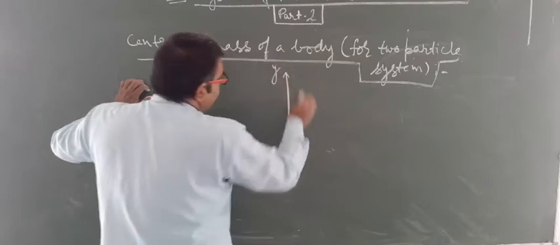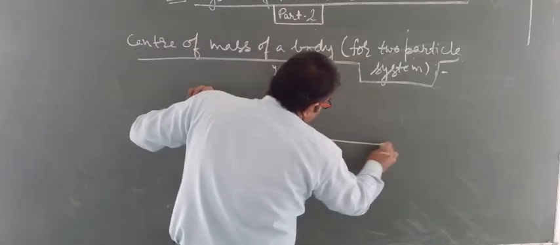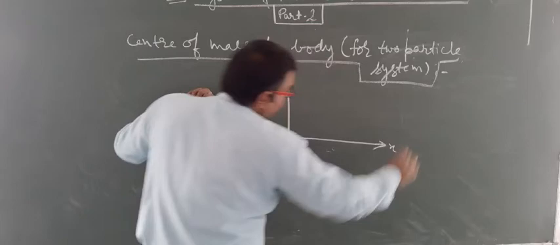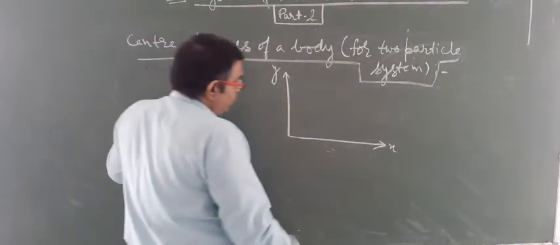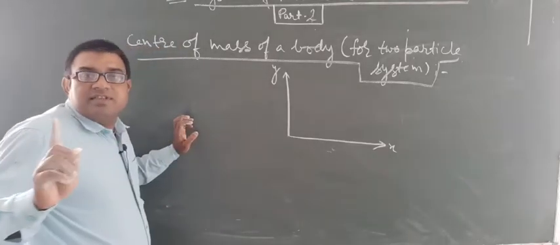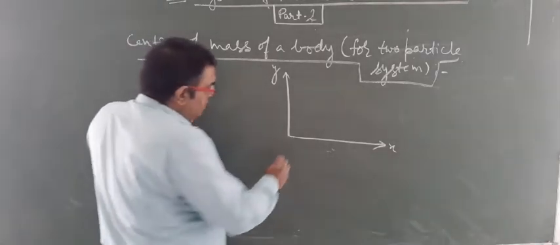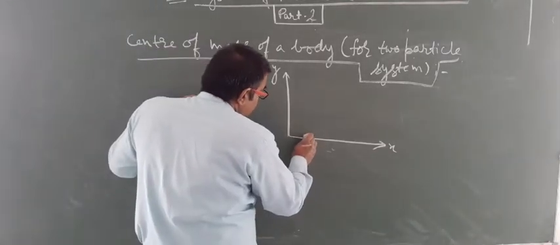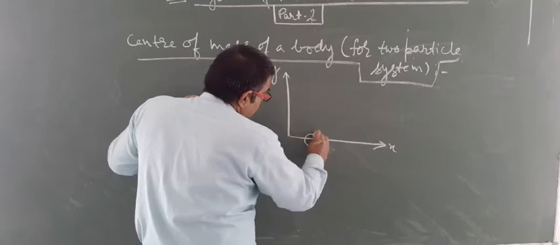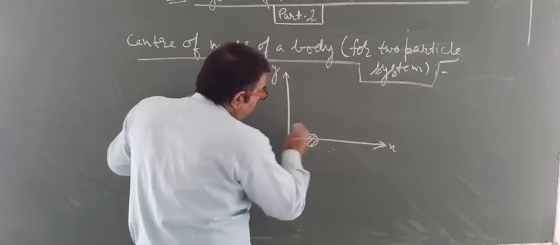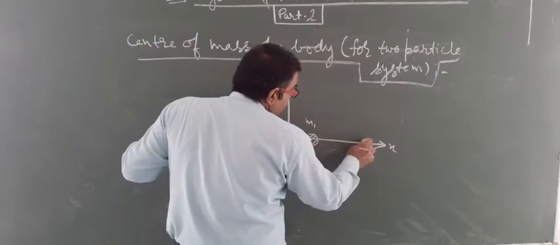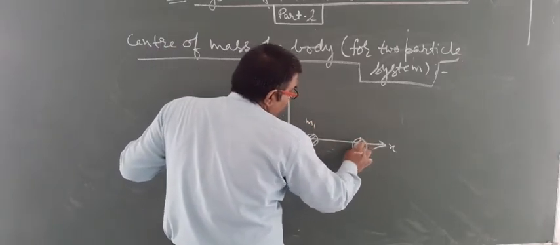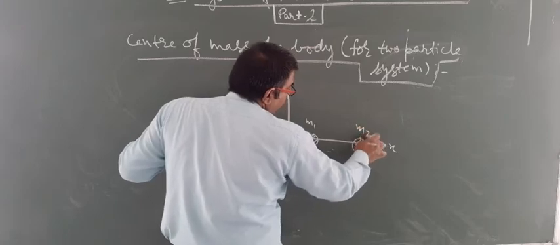Suppose this is the y axis and this is the x axis. If a system has only two particles, then suppose this is particle 1 having mass m1 and this is particle 2 having mass m2.